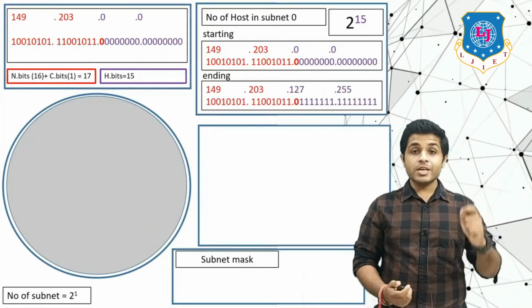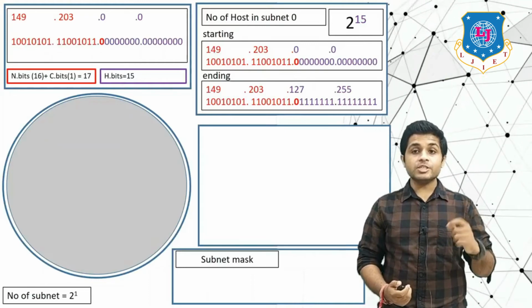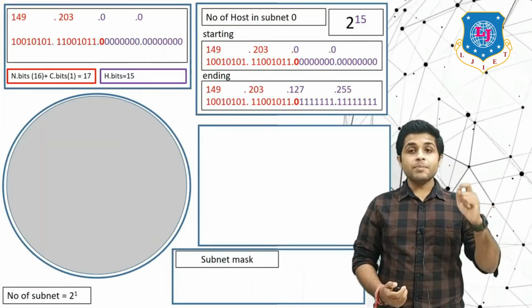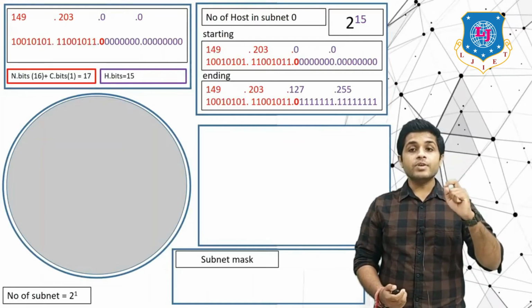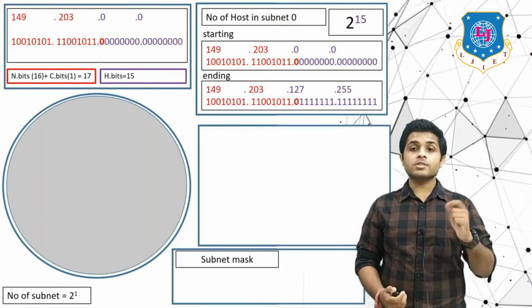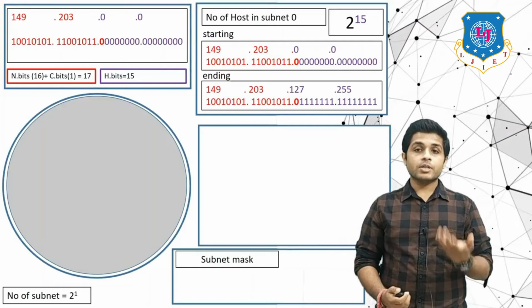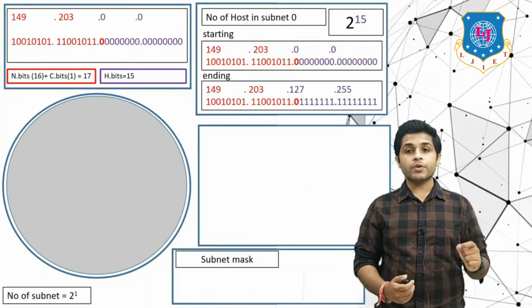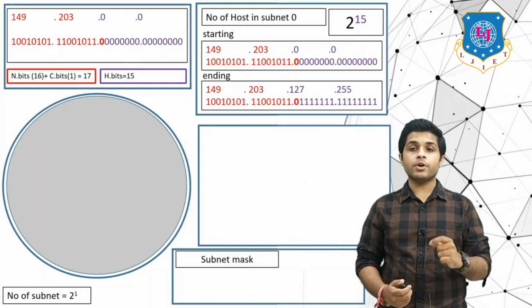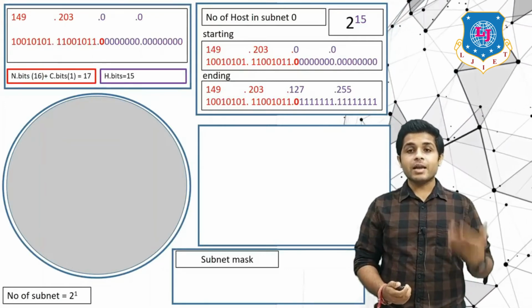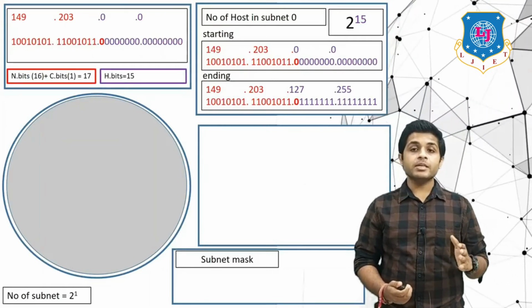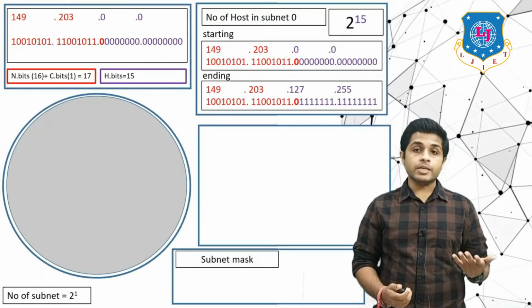If you notice, the value of the converted bit is not changed. So in a particular subnet, the value of the converted bits will remain constant throughout the subnet. So the last address we are getting is 149.203.127.255.